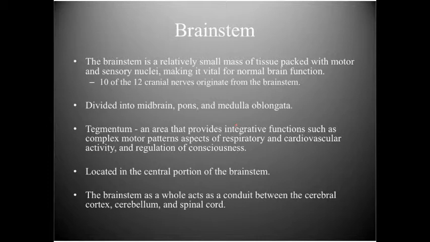It's located in the central portion of the brainstem. The brainstem as a whole acts as a conduit between the cerebral cortex, cerebellum, and spinal cord. This last bullet point is very important. We often lose sight of what the brainstem actually is, but it's simply a conduit, which allows passageway of nerve impulses from one area to the next.